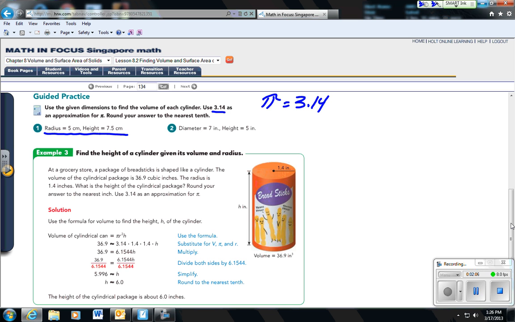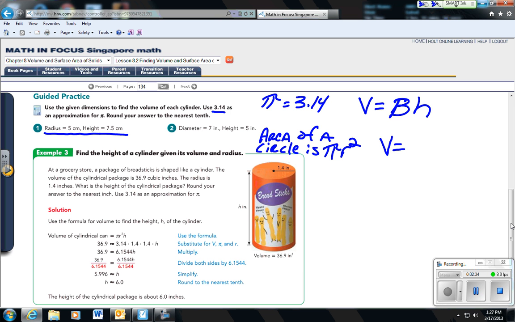Again, our formula is volume equals capital B times the height, and the base in a cylinder is a circle. So the area of a circle is pi r squared, and we're going to use 3.14 for pi. For problem number 1, we plug in everything that we know. We don't know the volume, that's what we're solving for.